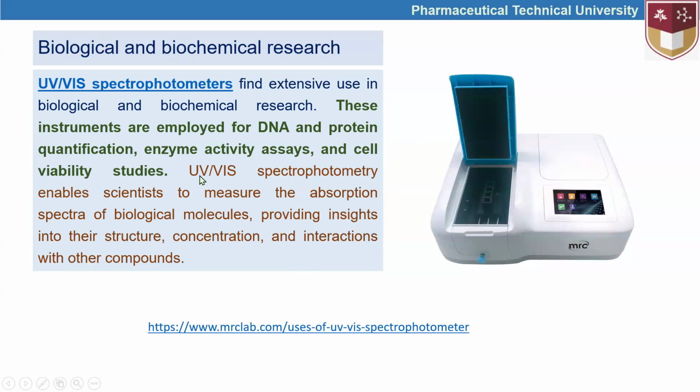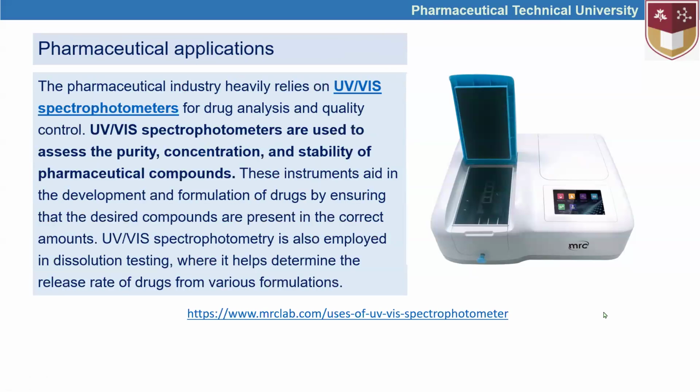UV spectrophotometry enables scientists to measure the absorption spectra of biological molecules, providing insight into their structure, concentration, and interactions with other compounds. Okay, and they are also used effectively in pharmaceutical applications as well.